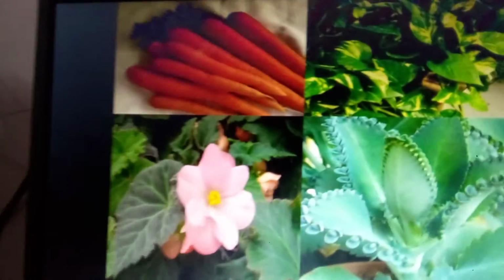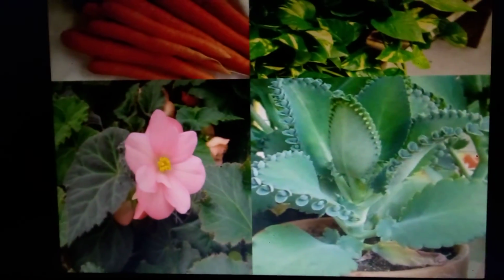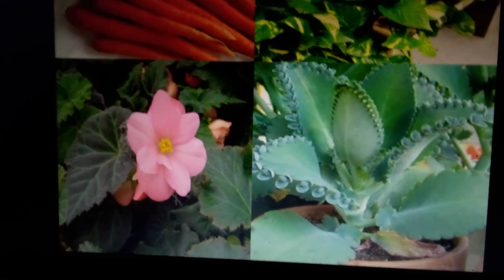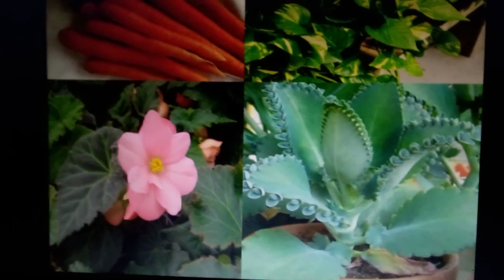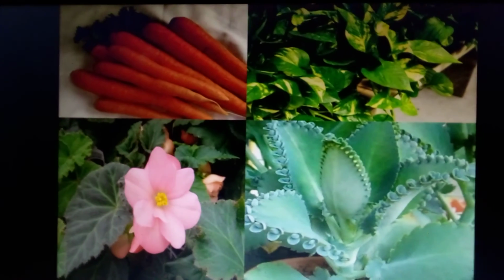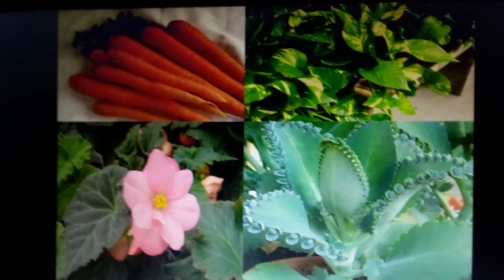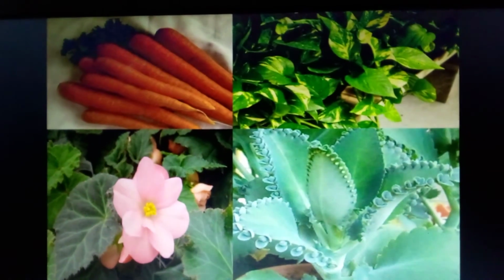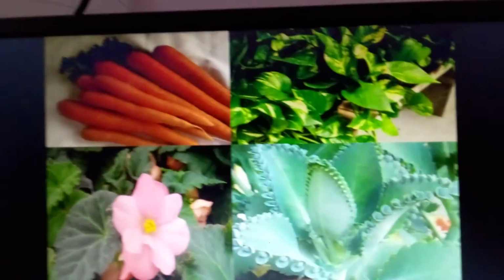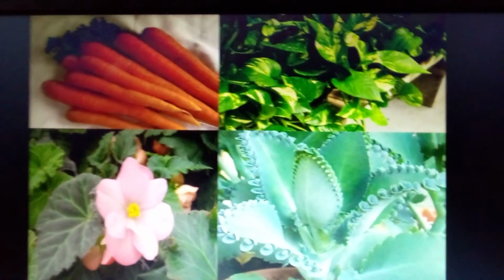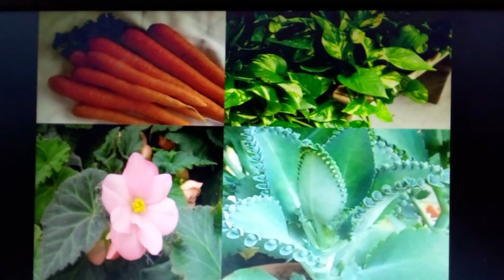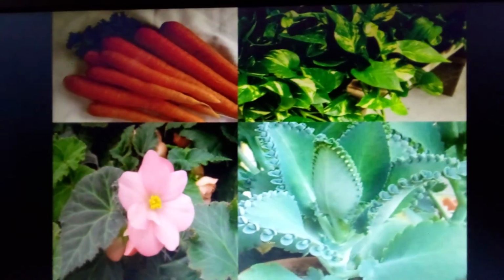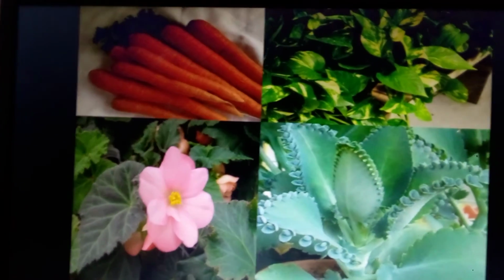They have big leaves, and when the leaves fall down, they reproduce by leaves. Begonia and Bryophyllum reproduce by leaves, carrot reproduces by roots, and money plant reproduces by its stem.